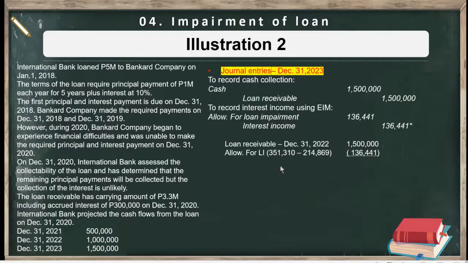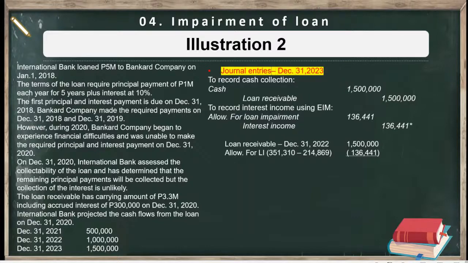Then the allowance for loan impairment would be 136,441. So that's how it is obtained. The previous balance was 351,310 and we recognized 214,869 as it passed. So how much is the balance?